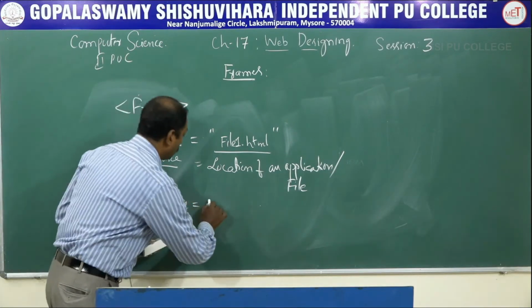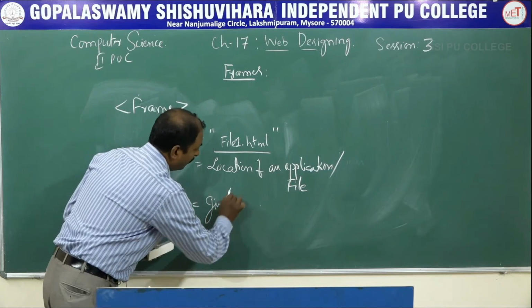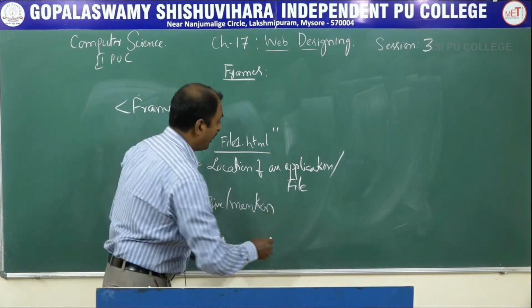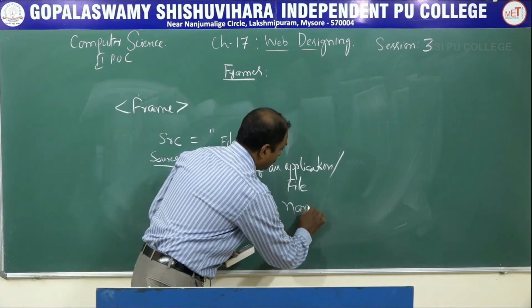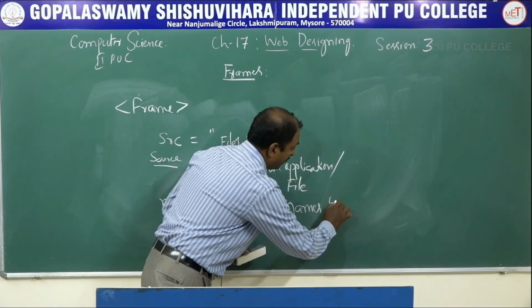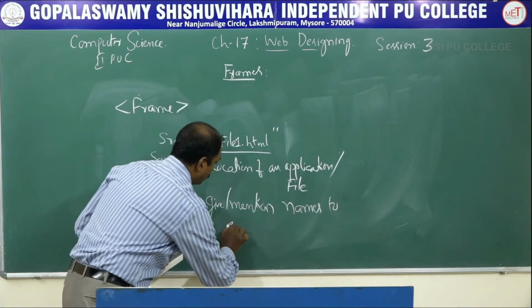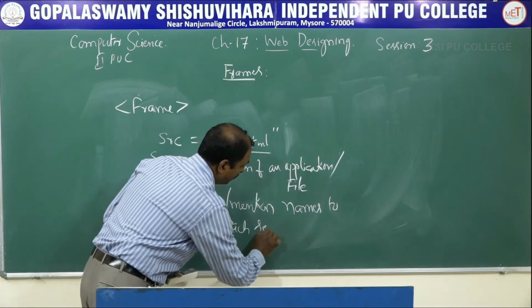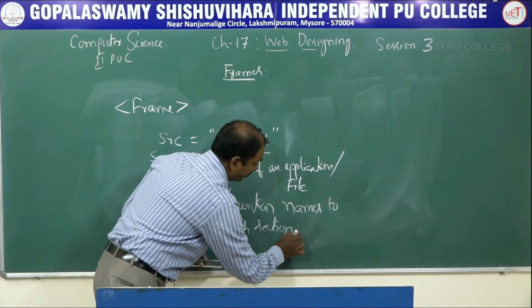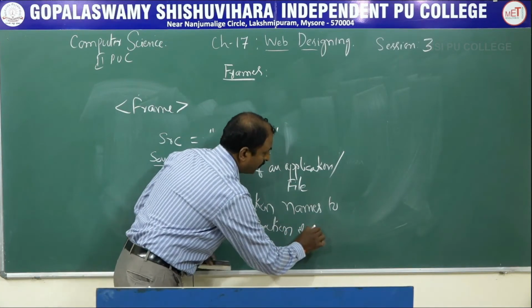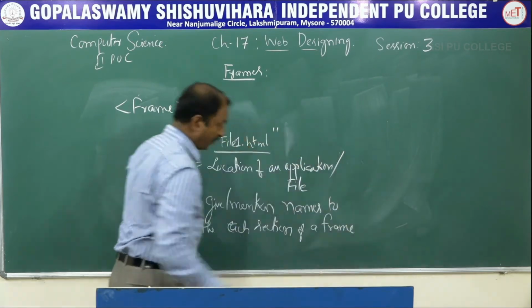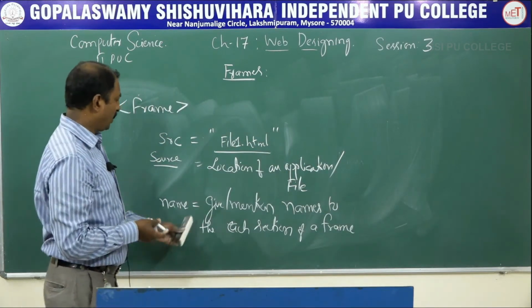Apart from this, we also have one more attribute, name. This is used to give names to each section of a frame. What is the meaning of name here?